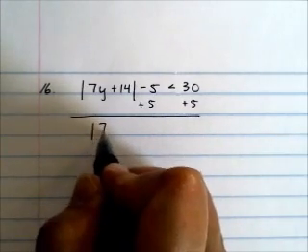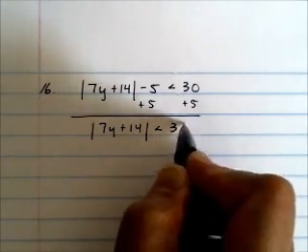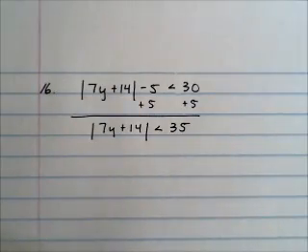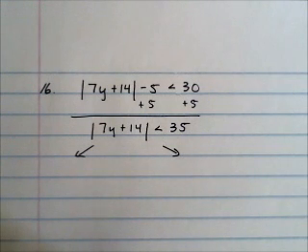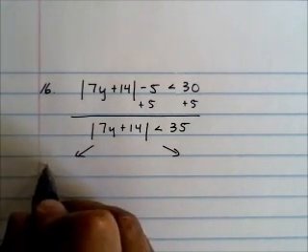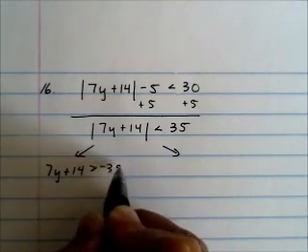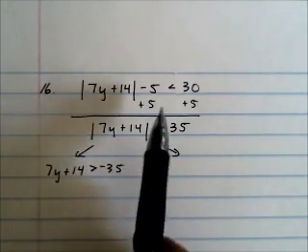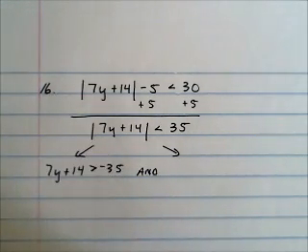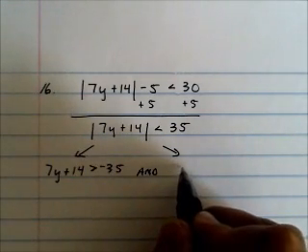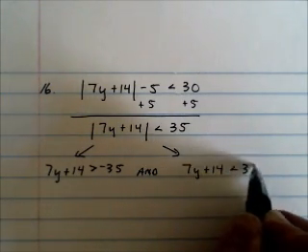So the absolute value of 7y plus 14 is less than 35. Now split apart into the left arrow: 7y plus 14 is greater than negative 35. Our original inequality is a less than, so this would be 'and' between our two arrows: 7y plus 14 is less than 35.